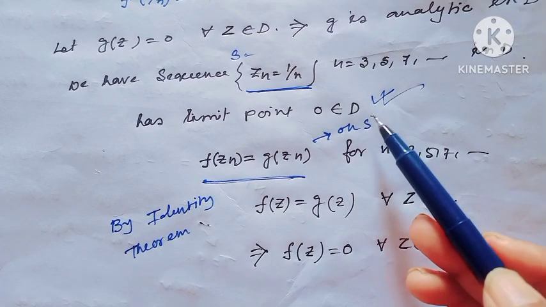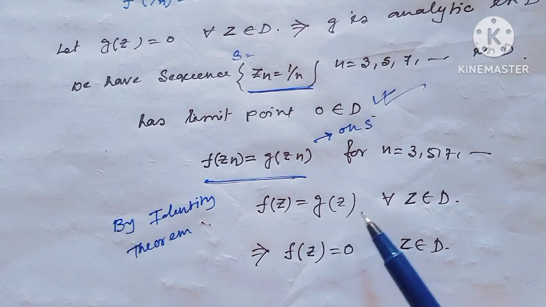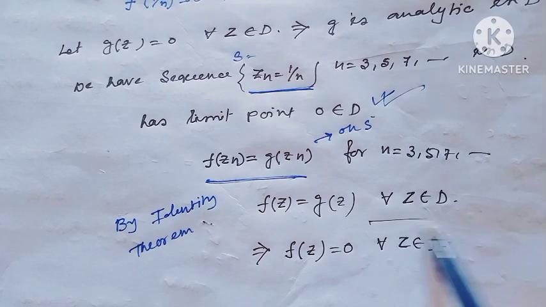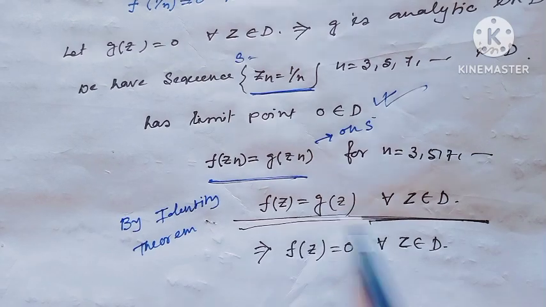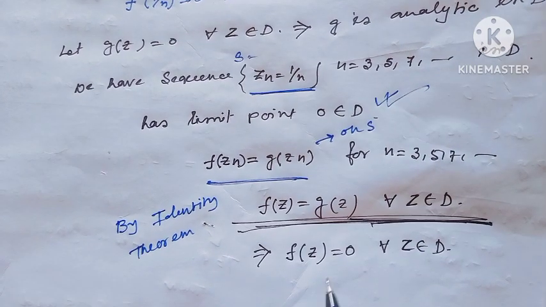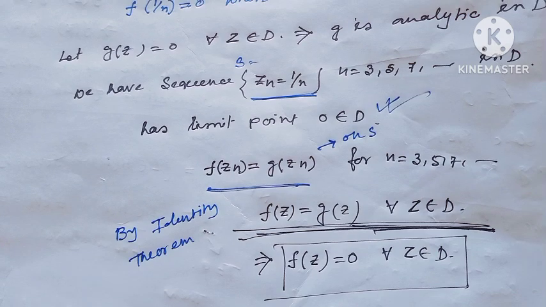Since the limit point belongs to D, we can extend f(z) on the set z for all z belongs to D. And since f(z) equals z for all z belongs to D, that means f(z) equals 0 for all z belongs to D.